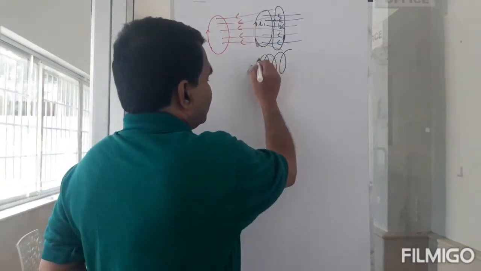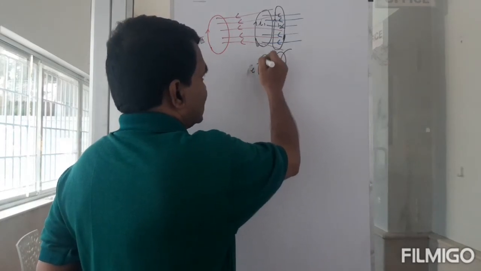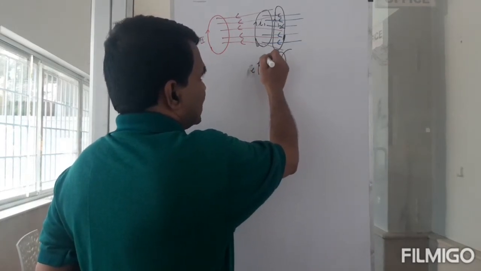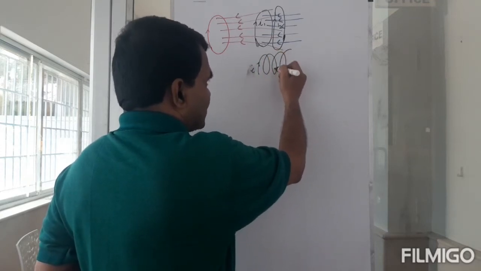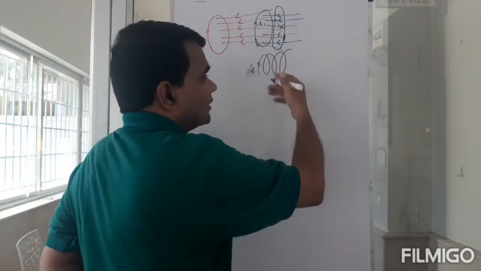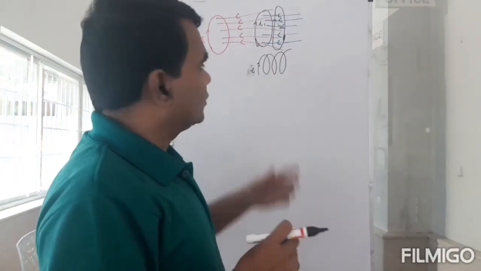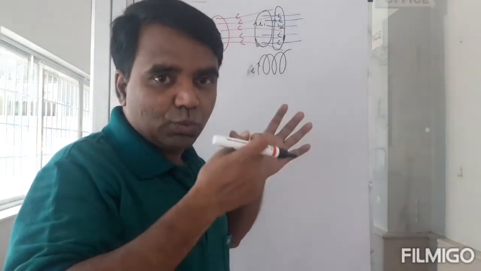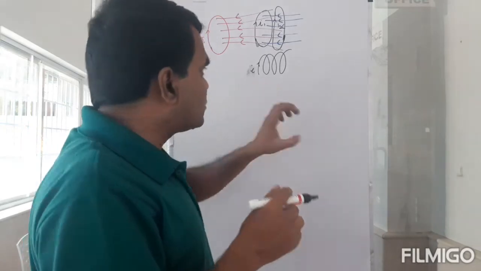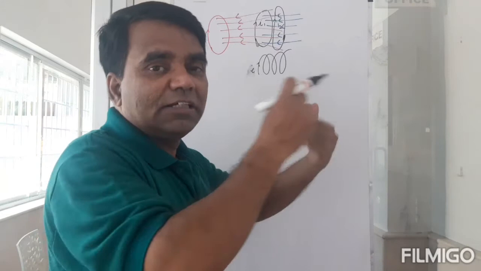Because the magnetic field in this one loop is now not dependent on only this loop alone. Now it will have a combination of this and this and this and all the other loops which produce magnetic field. So the total magnetic field in one loop will be not exclusively from this loop, but from all the other loops too.